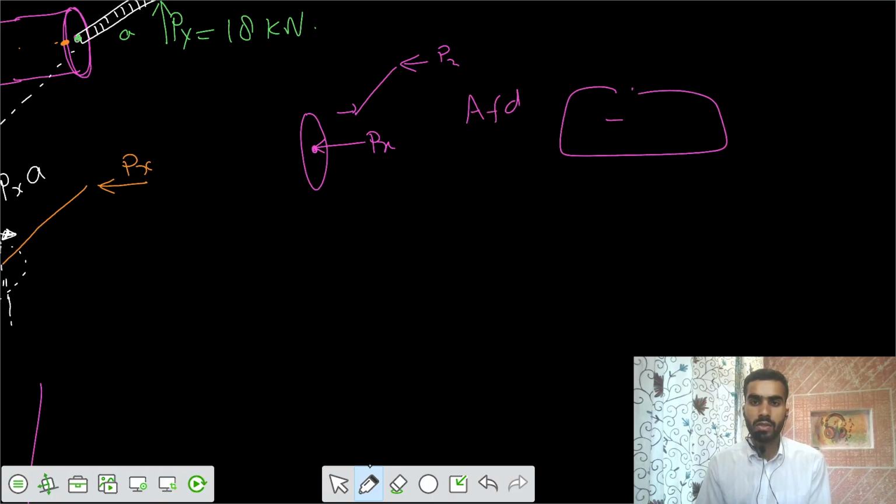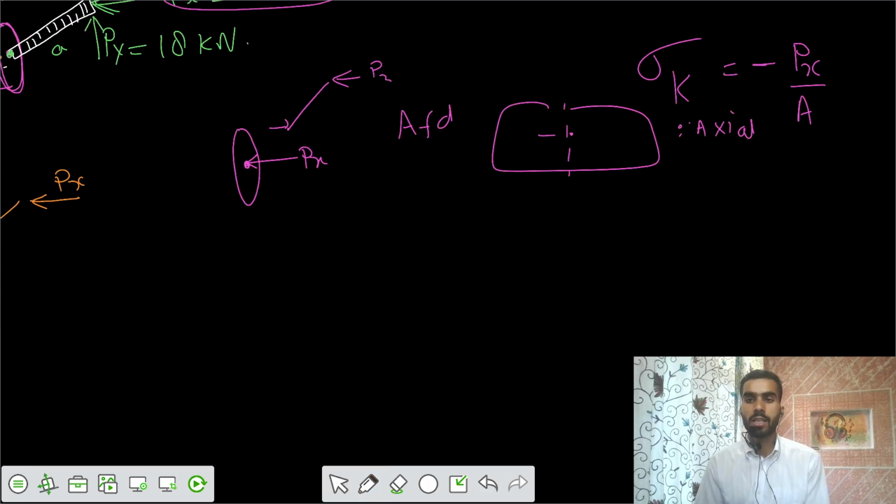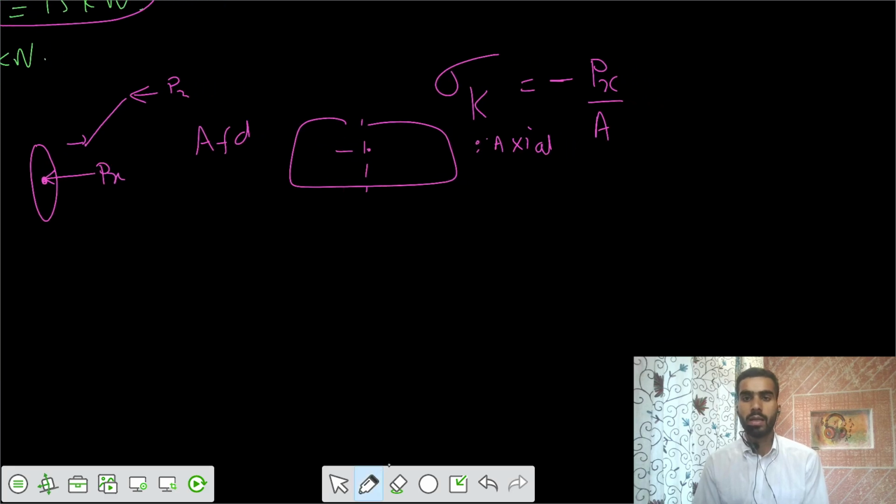That means the stress at point K because of axial force equals minus Px by A, that's minus Px by pi d square by 4. So you got this stress also.